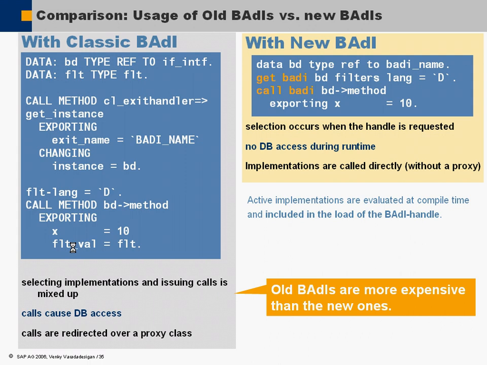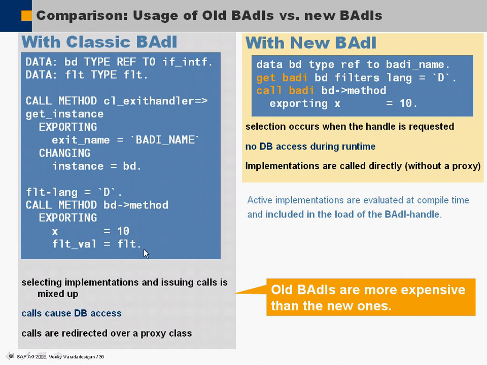You used to provide the BAdI name and the filter condition. For example, right here, the filter name and the filter value is provided. X equals 10 is a parameter, and the filter value is FLT. That's what is provided. So the actual implementation selection and the actual call is mixed here.